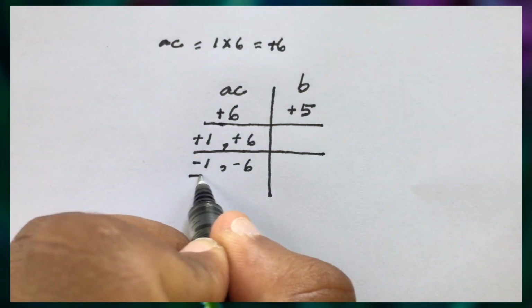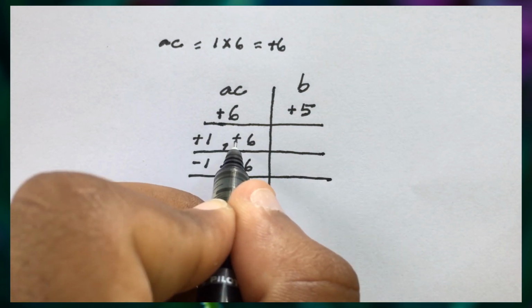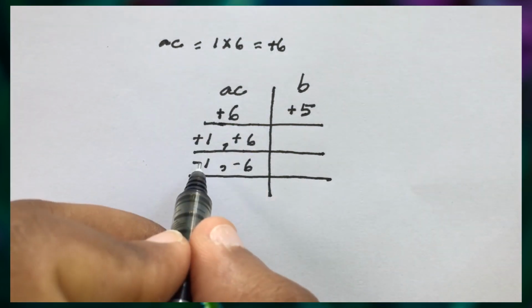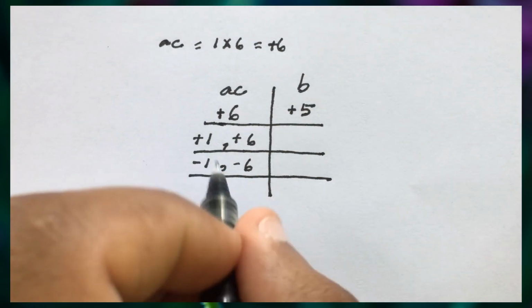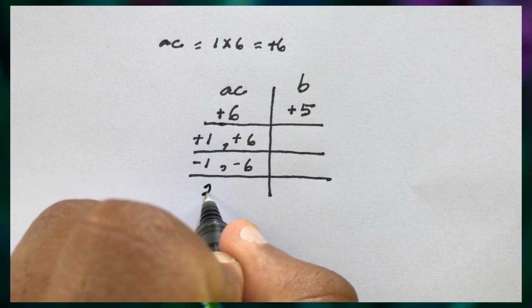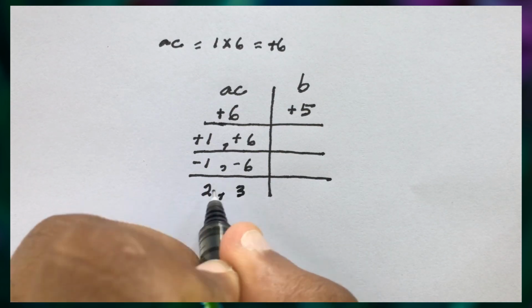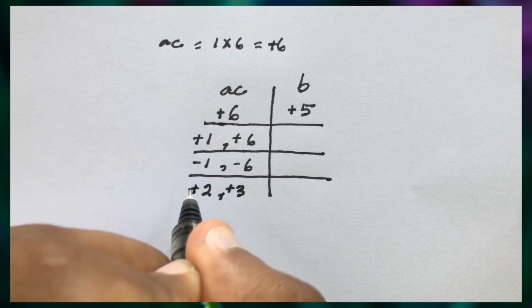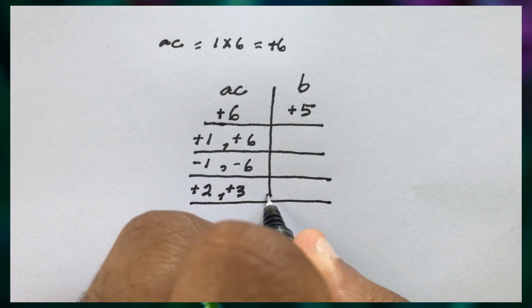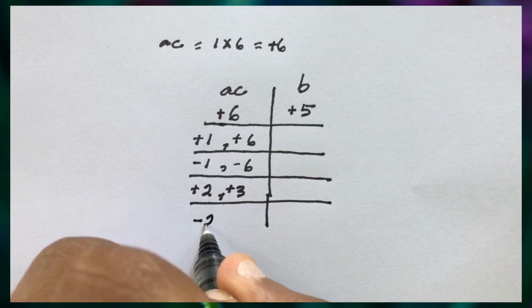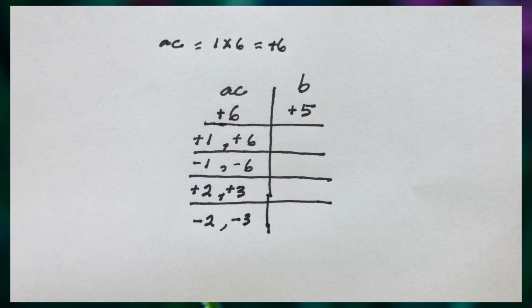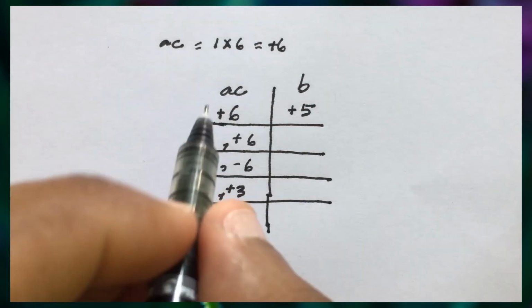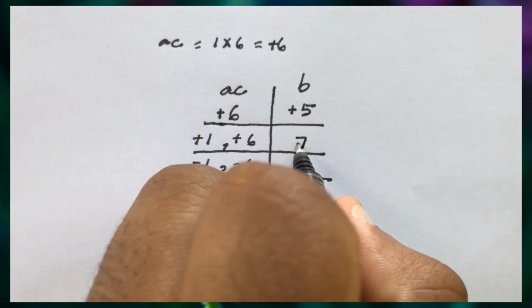And the reason why I have them is that positive times positive gives you a positive, and negative times negative gives you a positive. Good. And then we're going to have 2 and 3, that will give us 6, both of them being positive. And we're going to have negative 2 and negative 3, both of them being negative as well. Now we're going to add them up. 1 plus 6, that's a positive 7.